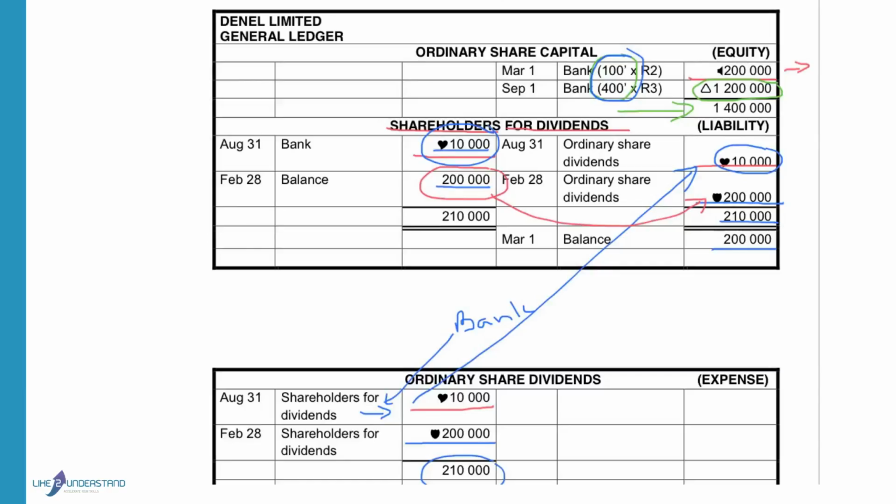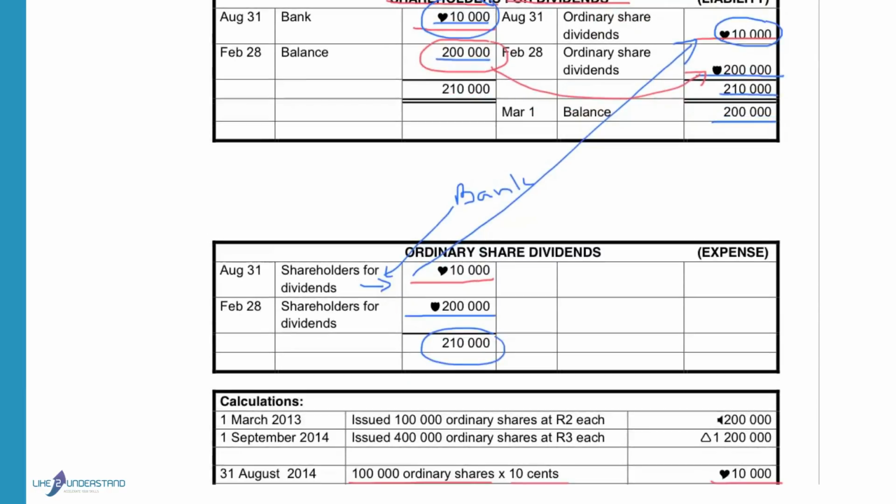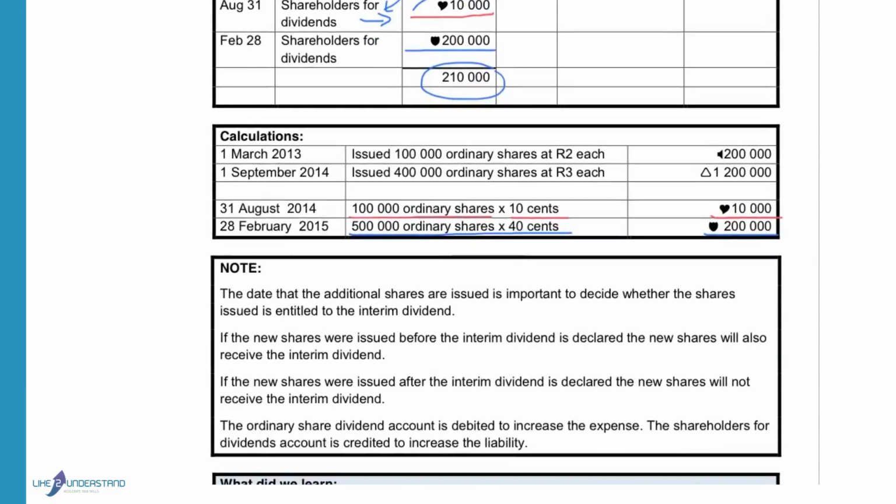You must pay attention to the information that is provided to you. The dates that they provide are very important. The date that the additional shares were sold will determine whether those shareholders are entitled to the interim dividend or not.